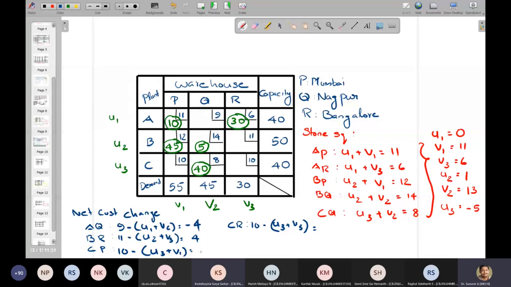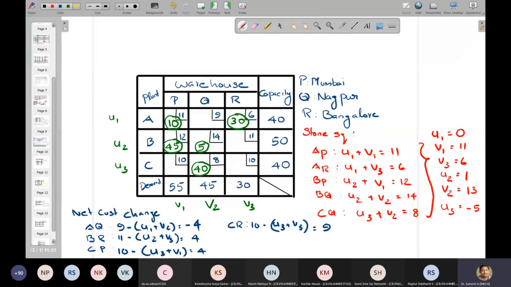Okay. CR is 9. Okay. Any negative value is there? AQ. Okay.